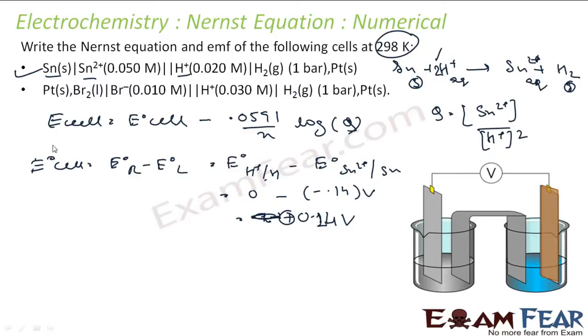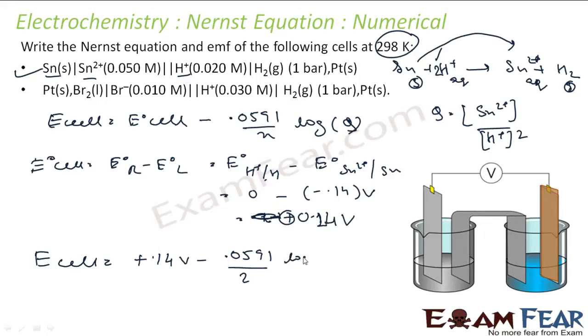Correct? Let's plug the values. E cell will be what? E naught cell, that is plus 0.14 volt, minus 0.0591 by n. There are 2 electrons transferred, if you see. 2 electrons, into log of Q. Concentration of Sn2 plus, that is 0.05. Concentration of H plus, 0.02 to the power 2. Correct?